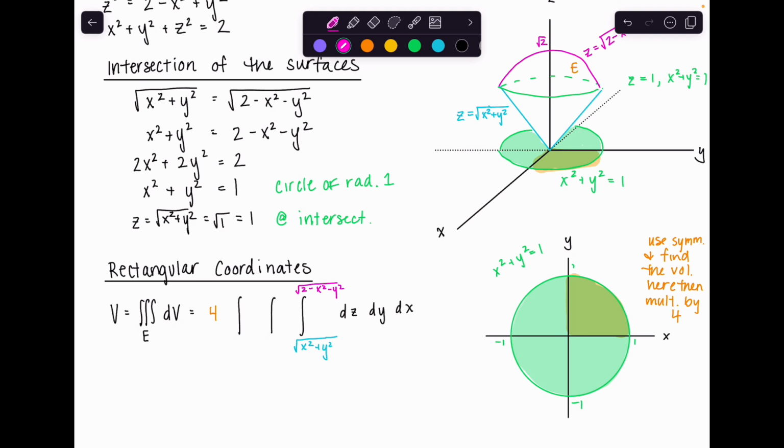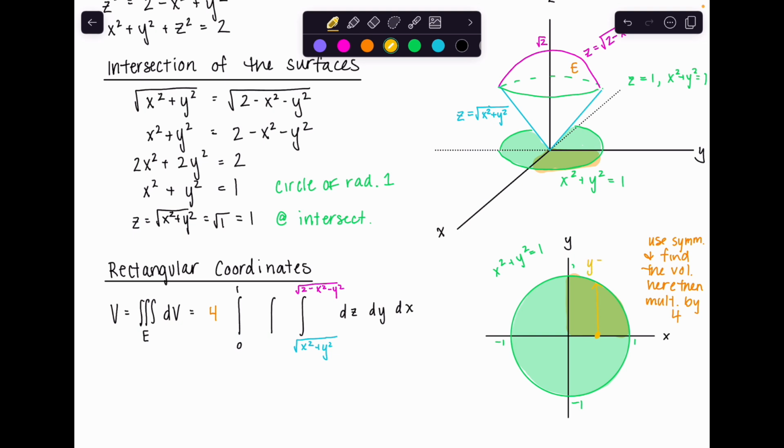Now I want to figure out what's going on in quadrant 1 in my xy plane, so we need the bounds here. The easiest bounds are the last one, x. In this case, our x is going to change between 0 and 1. Now for the y value, that one's a little bit more difficult. Our y value is always going to start at 0, and it's going to go up to the edge of that circle.